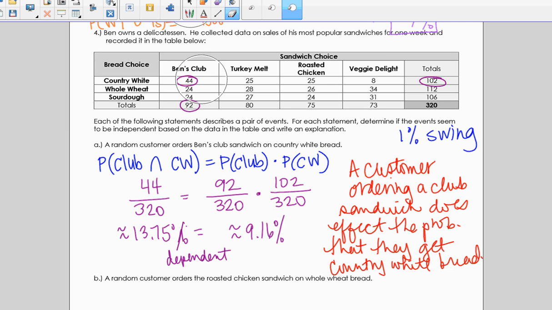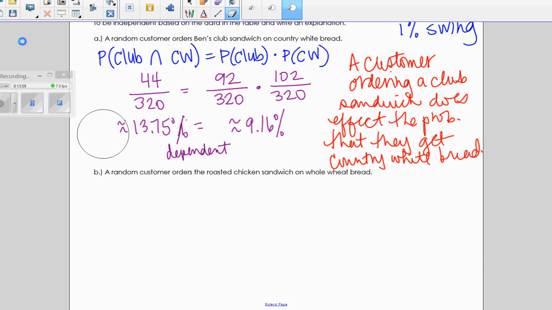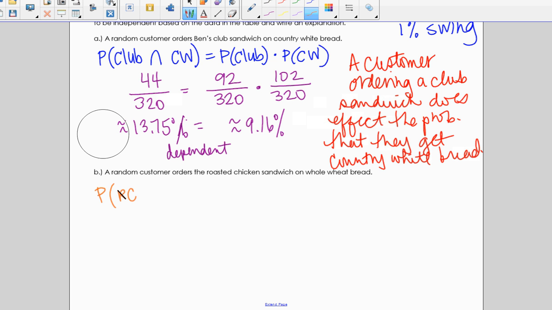Okay. So for the next one, now we're going to compare roasted chicken and whole wheat bread. So same idea. The probability, I'm going to use RC for roasted chicken, and whole wheat bread is the probability of roasted chicken times the probability of whole wheat bread. Okay.